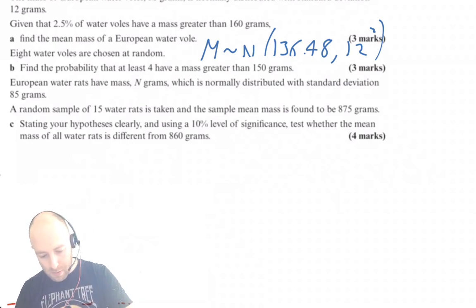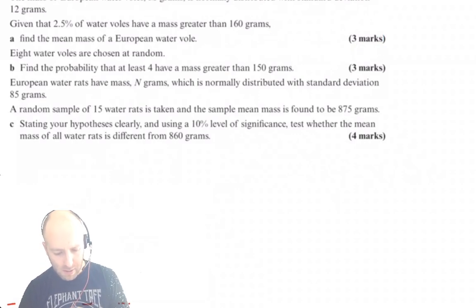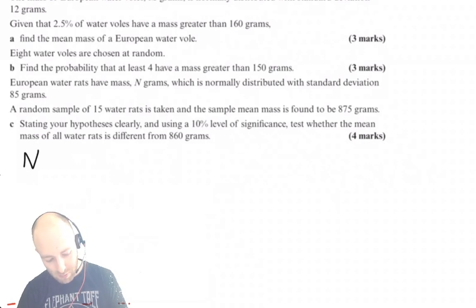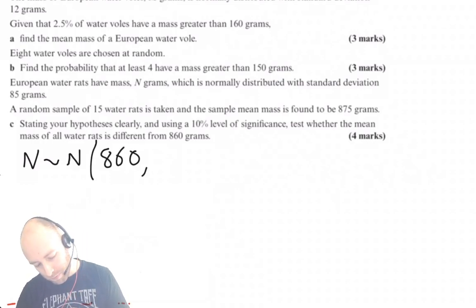So these guys are distributed with standard deviation 85. They haven't told us the mean there, so let's keep reading. Okay, mean mass 875. So it's whether it's different from 860. So we're going to assume that all the water rats have a mean of 860, and the standard deviation is 85.